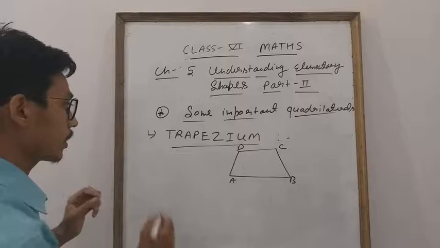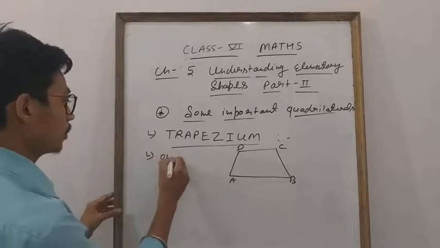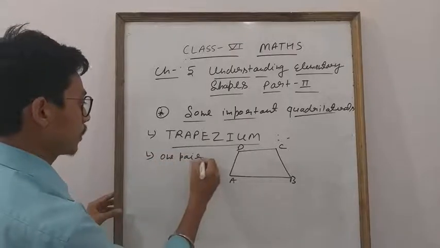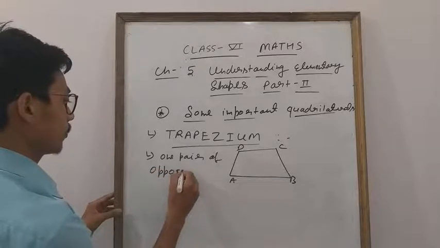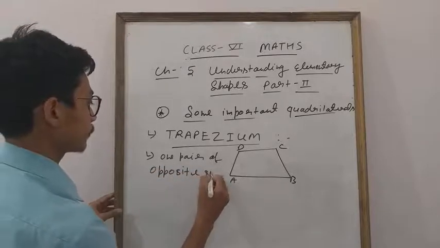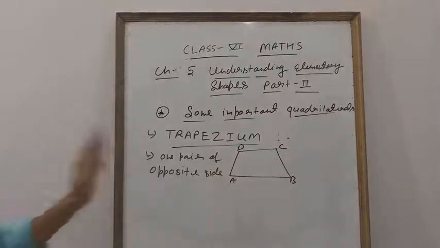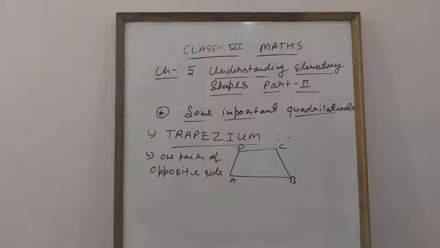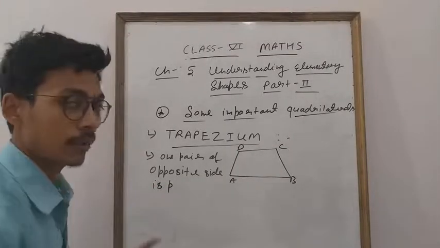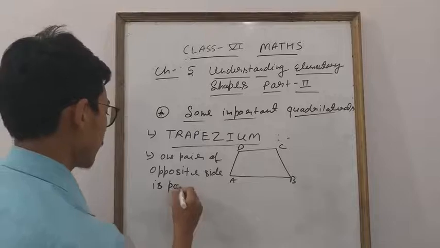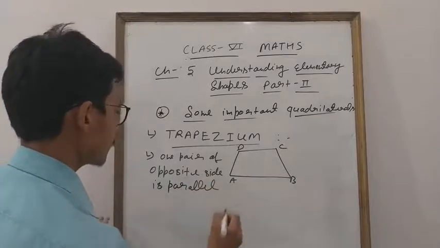So here you will write down one pair of opposite sides. This is trapezium. In this, what can you write about trapezium? Students, see, one pair of opposite sides is parallel. Parallel means they will never meet each other.